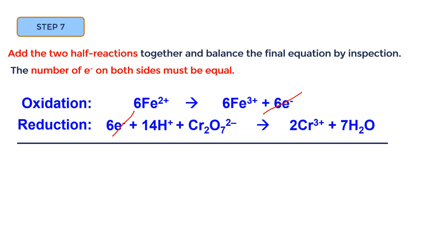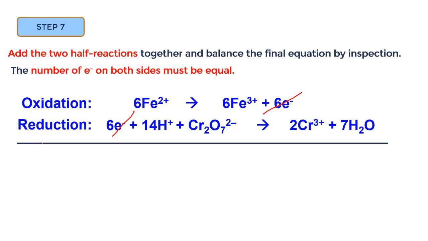So after that, rewrite the equation. 6 mole of iron 2 plus, 14 mole of hydrogen ion plus 1 mole of dichromate ion produces 6 mole of iron 3 plus, 2 mole of chromium 3 plus ion and 7 mole of water. Alright.